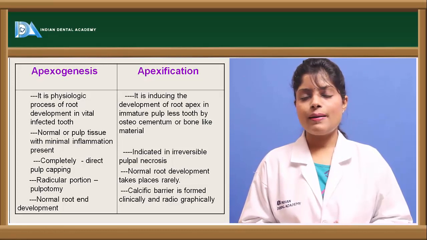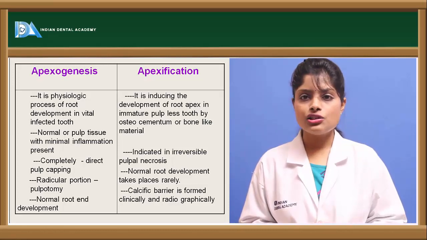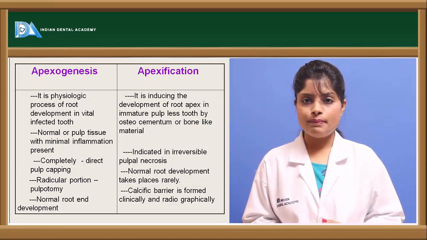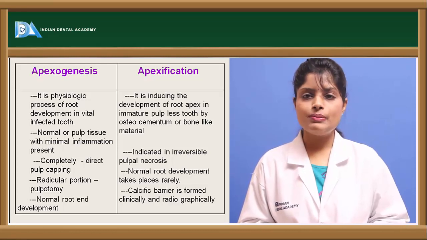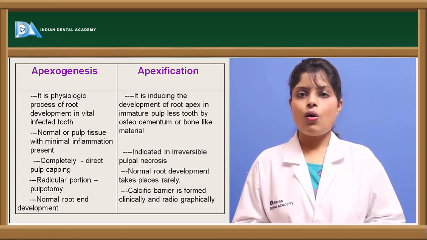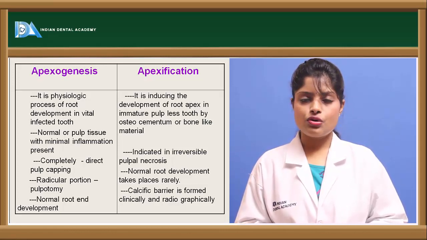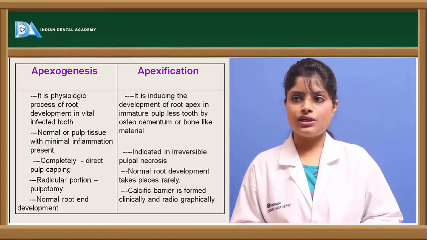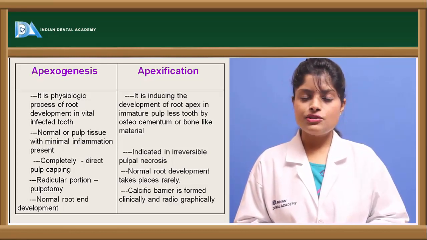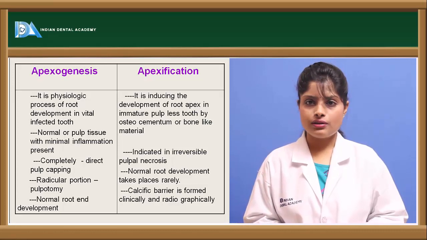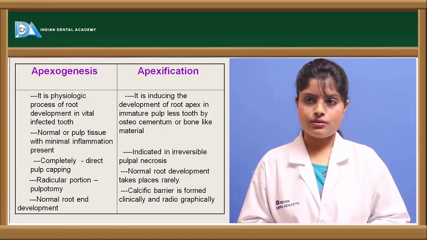But in the cases of apexification, generally there is an induction of the root end development, and the material which is formed at the root end will resemble cementoid or osteoid in nature. It will also have a Swiss cheese appearance. In apexification, the pulp chamber is entirely necrotic, and it is a case of irreversible pulpal necrosis.